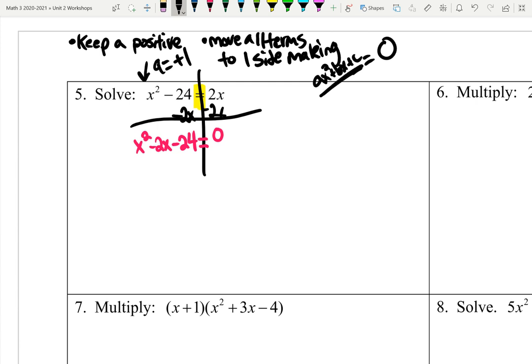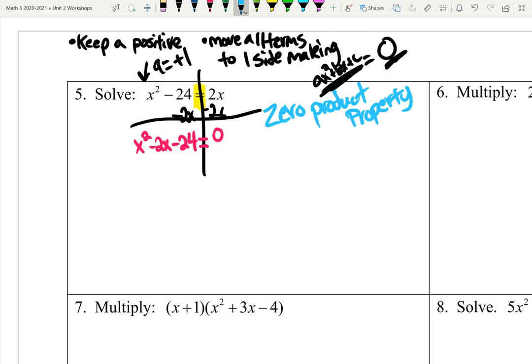But the idea is that you're going to have a bunch of stuff and you want to set it up equal to 0. What this does is it lets you use the zero product property. Why do you have to make it equal to 0 to unlock this? You're going to figure out that I need to factor in order to solve this.